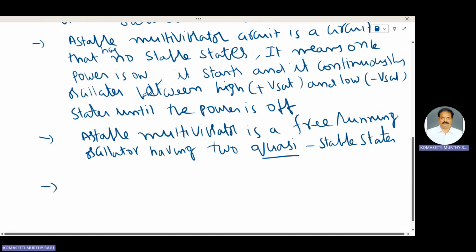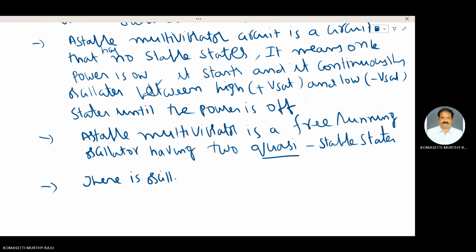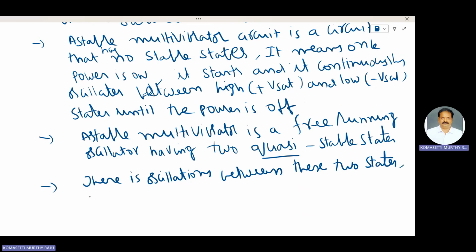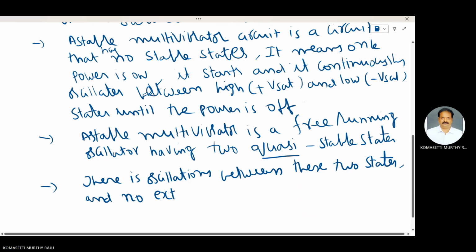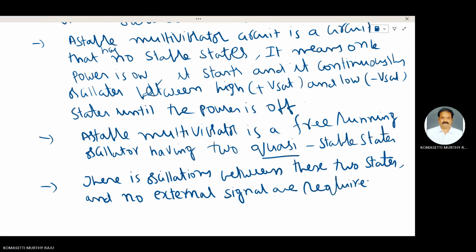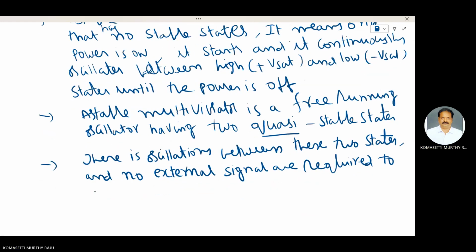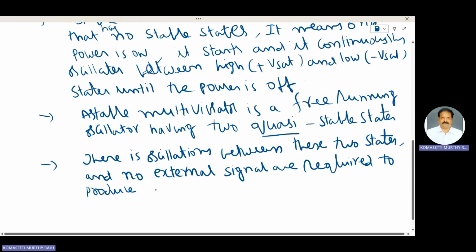It continuously oscillates between these two states only.